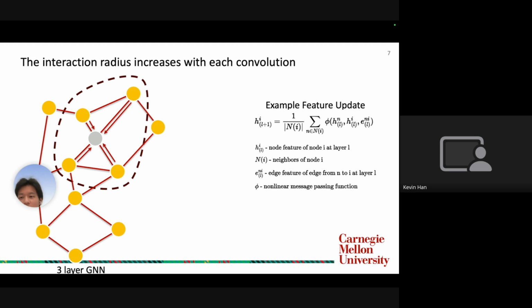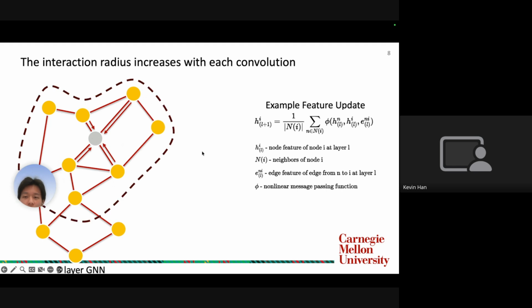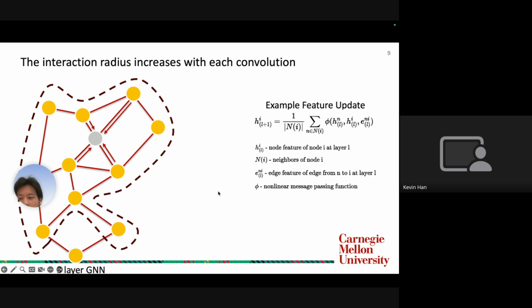So if we have this three-layer GNN and we only consider this gray node in the middle, after one layer, we would be incorporating features from just the one-hop neighbors. But then after two layers, we would be incorporating information from the two-hop neighbors. And then after three layers, it would be the three-hop neighbors. So after three layers, this gray node will have information that is mixed from all of its three-hop neighbors.